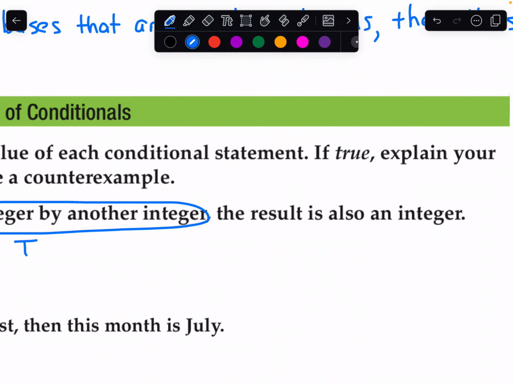Then what happens? Result is an integer. Is that always true? Well, no. The result of division is not always an integer.